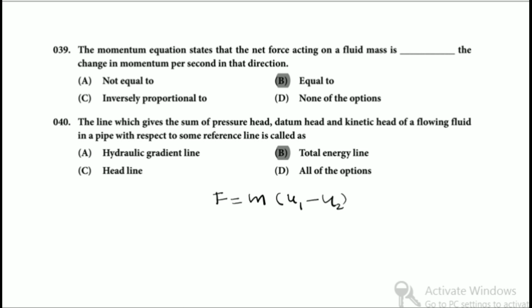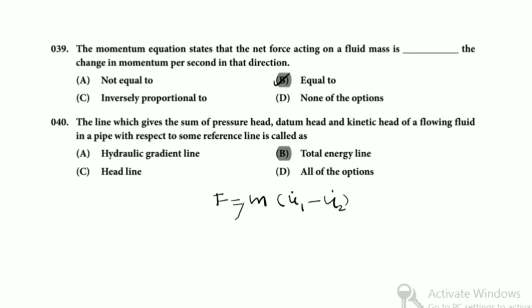So here, if you want to find out the net force acting on a fluid mass, then it is equal to the change in momentum per second. If you want to write it down per second, then you can say it is m dot u1 and here also m dot u2. So change in momentum per second in that direction, right? So it should be equal to that, and B should be the answer.